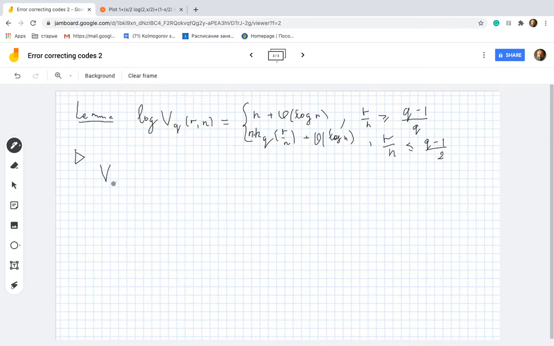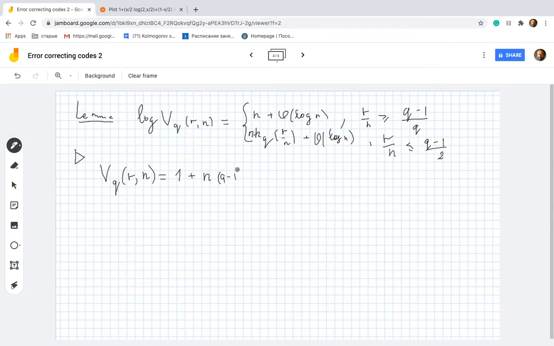Obviously, we can calculate the volume of the ball using the sum of binomial coefficients. So the ball consists of all strings at Hamming distance at most r from some fixed string, the center of the ball, and we have one string at distance 0. How many strings are there at distance 1? We have n ways to choose the symbol which we change, and q minus 1 ways to change it.